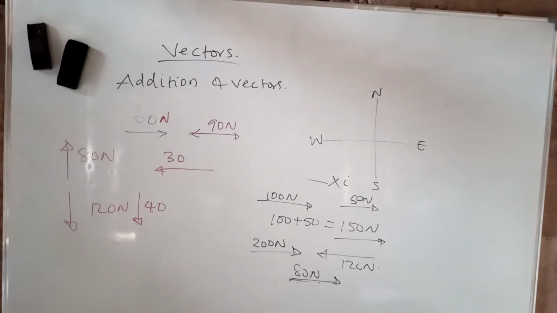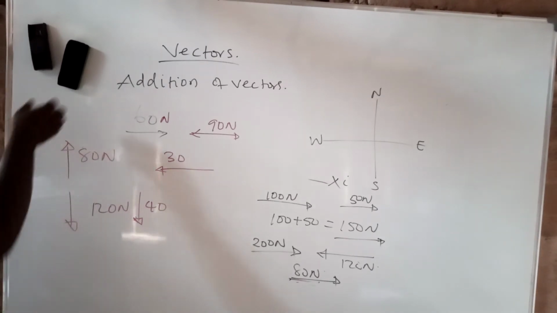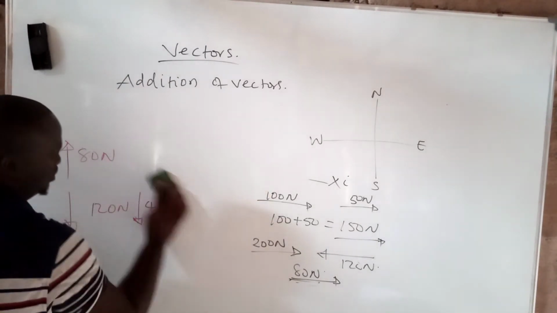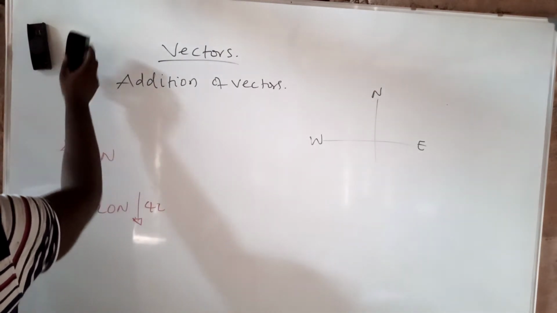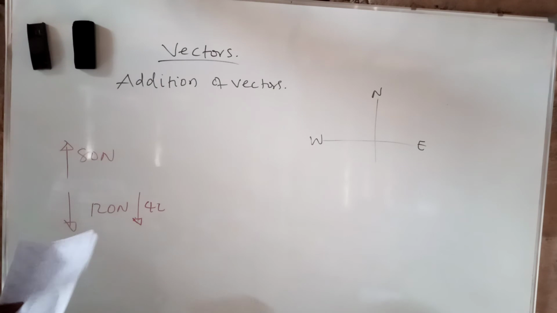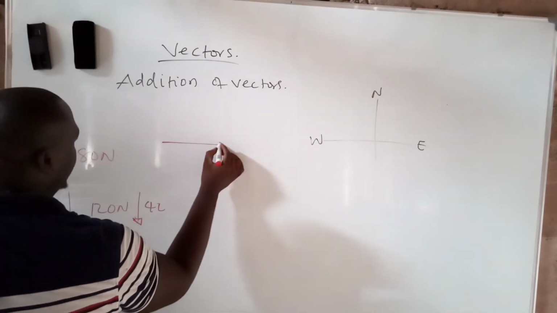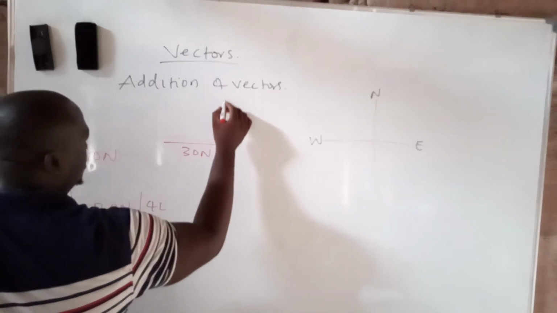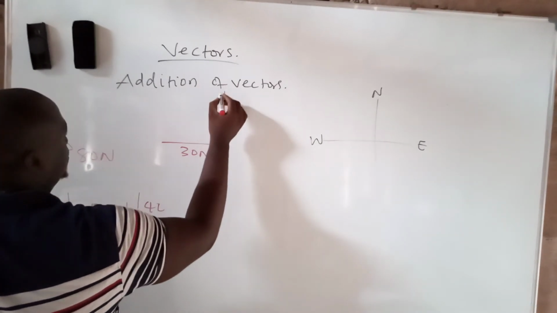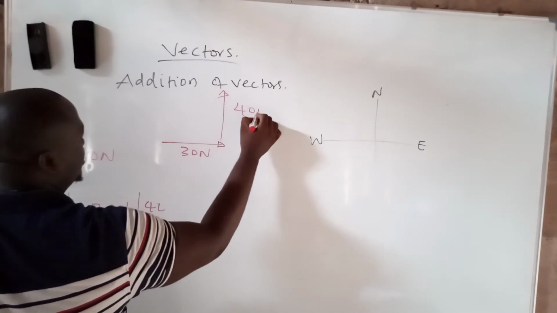Now, of course, from the simplest one, we'll start going to the one that is more tricky. So what if you have something like this? A vector moving towards this direction, this is 30 Newton, and another one moving towards here, this is 40 Newton.